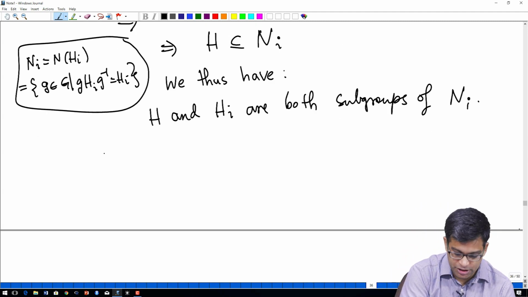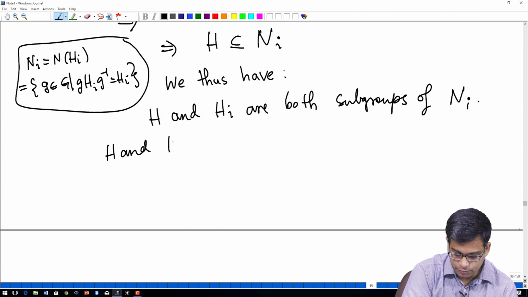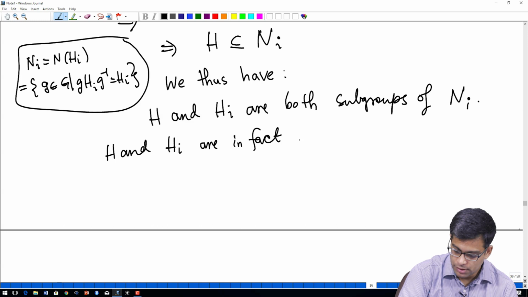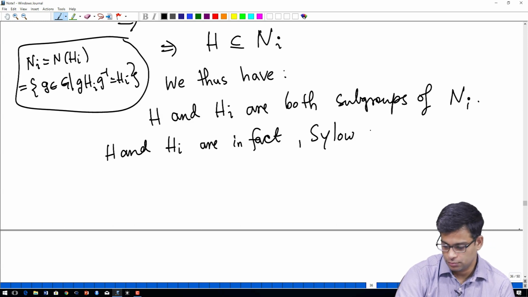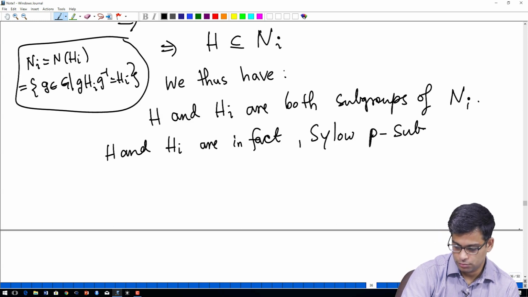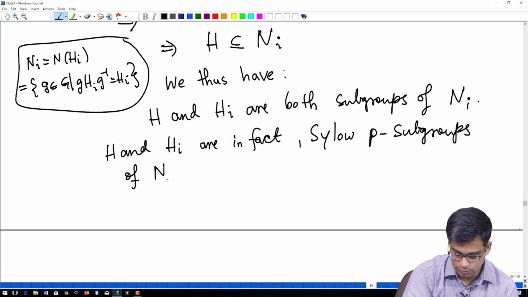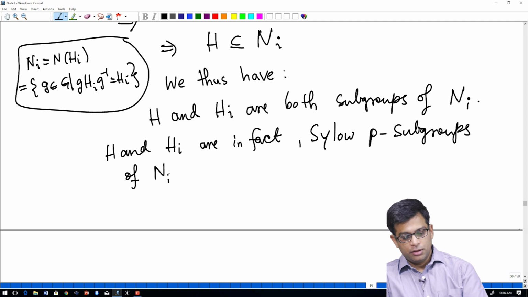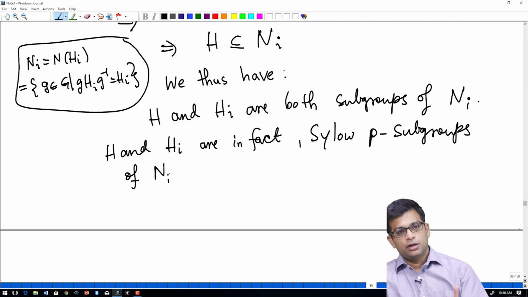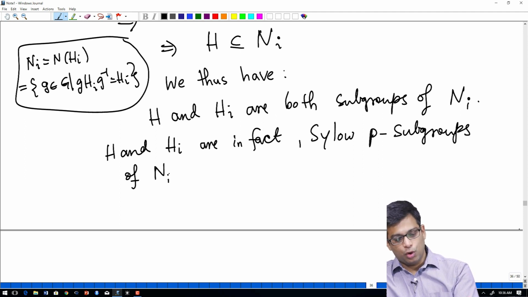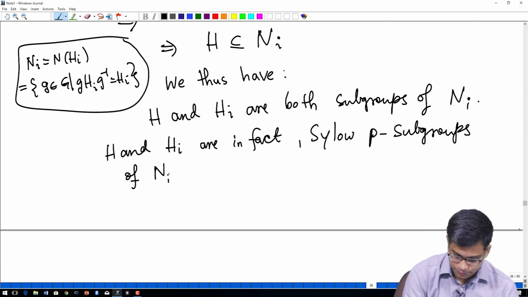Moreover, H and H_i are in fact Sylow P-subgroups of N_i. Why is that? What are Sylow P-subgroups of N_i? You look at the order of N_i, you look at the largest power of P that appears in it, and you look at those subgroups of that order.